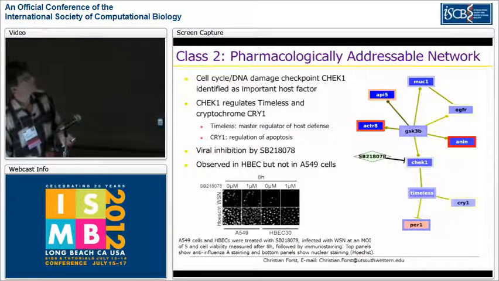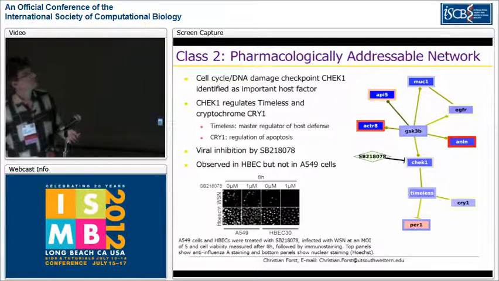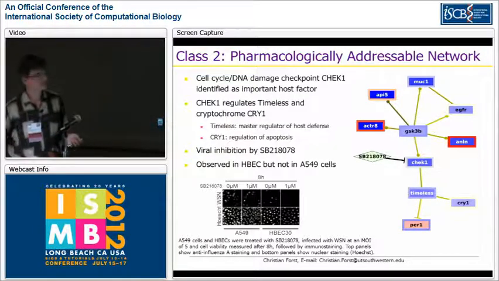So I come to my last results slide. As I mentioned before, we looked in particular at this class 2, which apparently has some pharmacologically addressable networks, specifically this CHEK2.